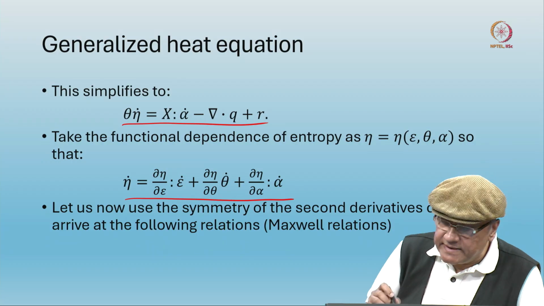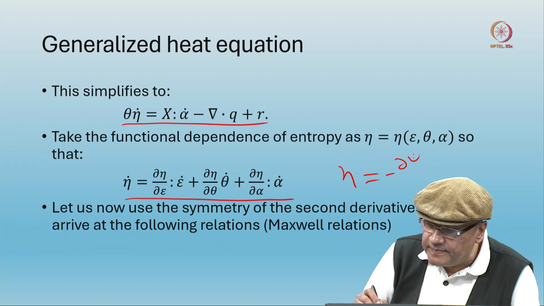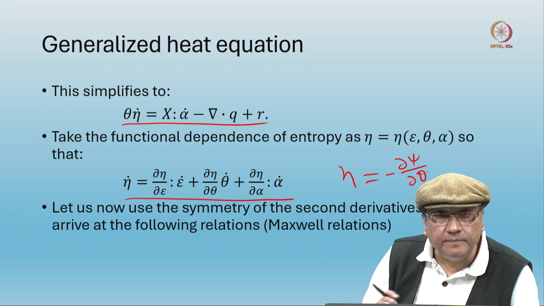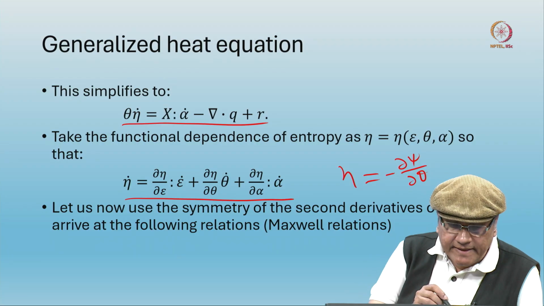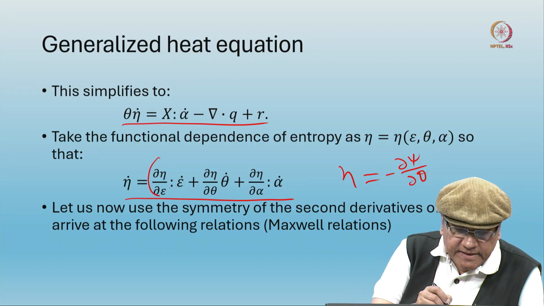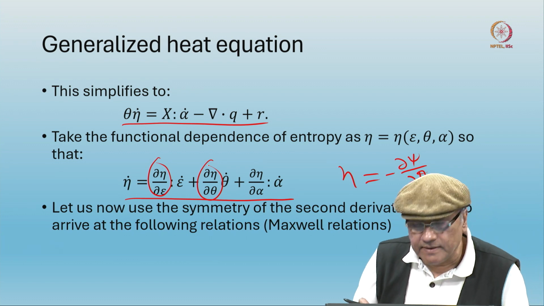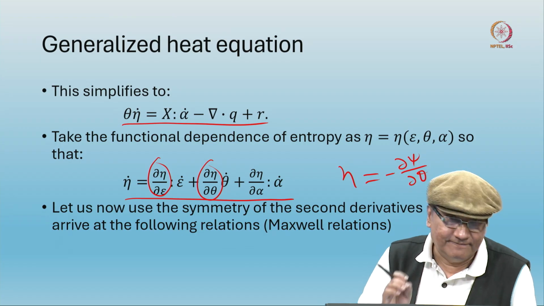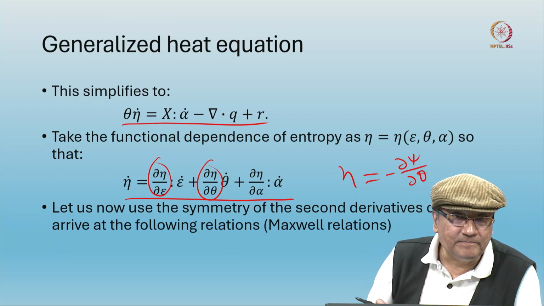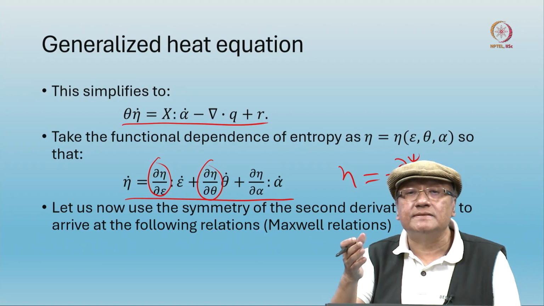Now you see that eta is already minus del psi by del theta from the Coleman-Noll thermodynamic closure. So whenever we get the first derivatives of eta here, del eta by del epsilon etc., we are getting second derivatives of psi in the process. Let us now use the symmetry of this second derivative, because psi is smooth.